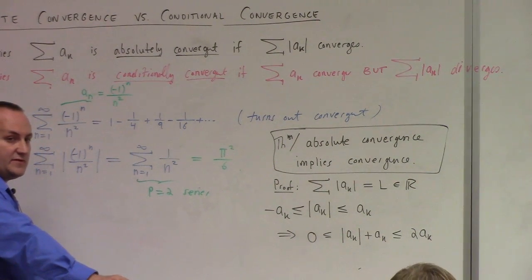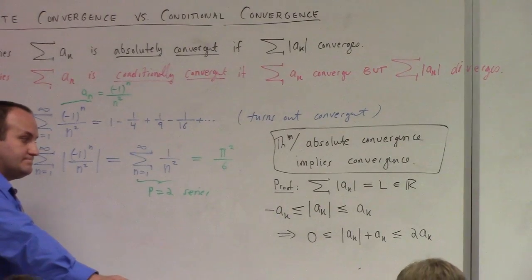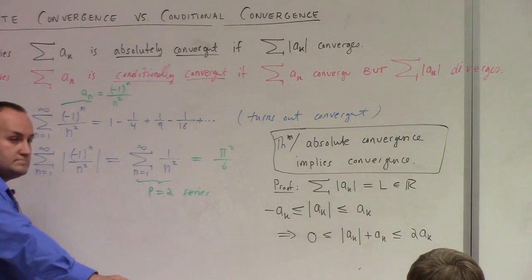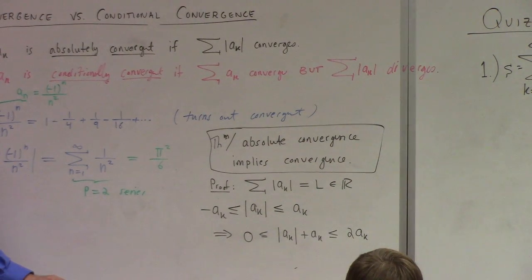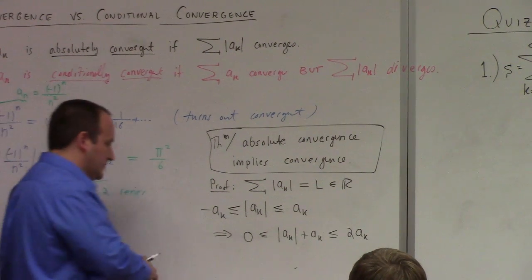I thought the absolute value of a sub k is larger than or equal to a sub k. Well, it's equal to it, that's included in the cases. Oh, I've got it backwards. I'm sorry, thank you.